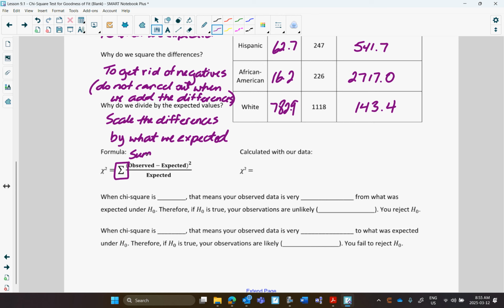So if we add it all up, it's going to be 459.6 plus 541.7 plus 2717.0 plus 143.4, and that will give us 3,861.7.